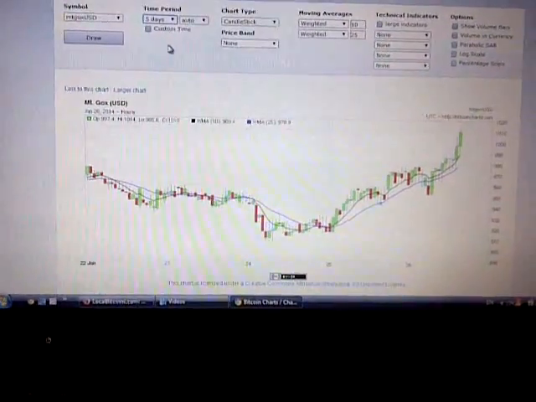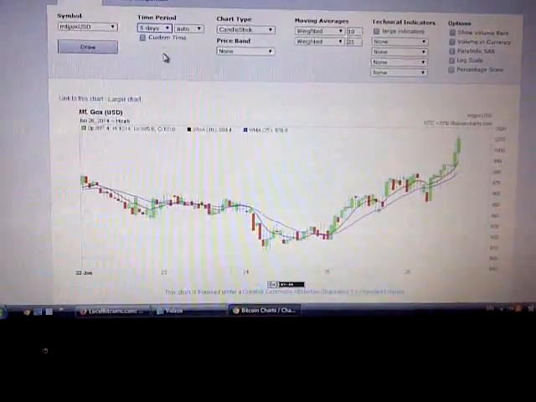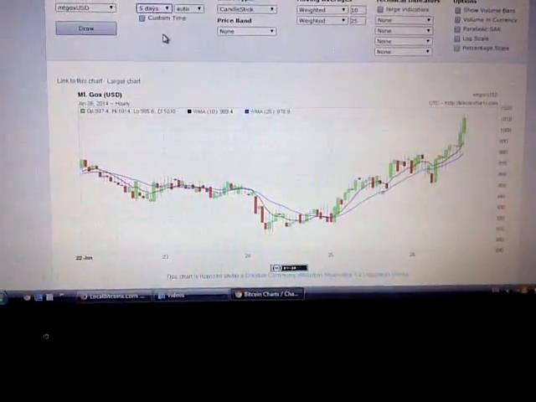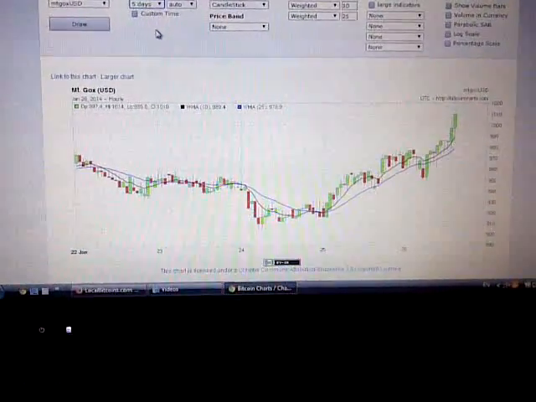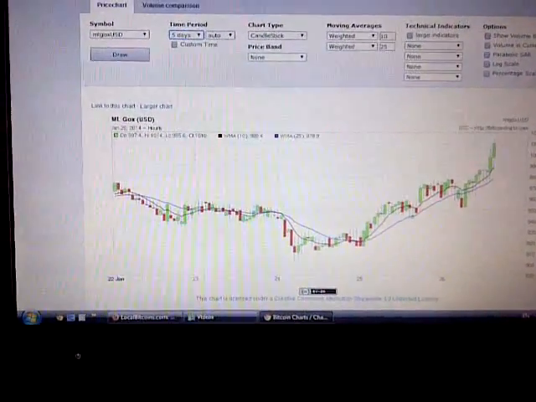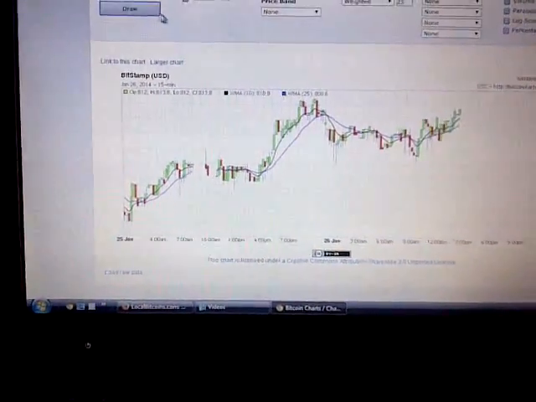So it looks like after all the other indices hit below their 30-day average, except for Mt. Gox, which never hit below that 30-day average, you're seeing a really good bounce back. Which is good because I'm long Bitcoin. So either way, it works for me.